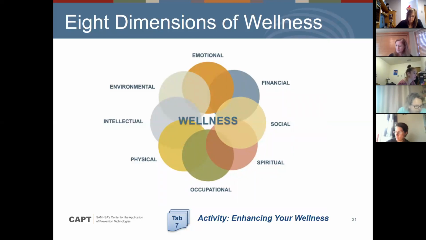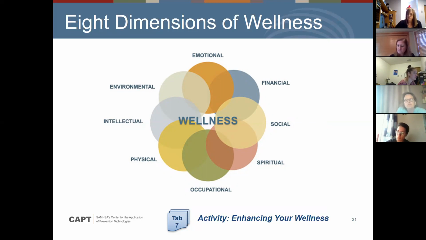I don't know that we necessarily need to go over these again since we just did this within SAPS. But what I would like to point out is in your handouts section, there's an activity that says enhancing your wellness. I don't think we're going to take time to go through that right now.